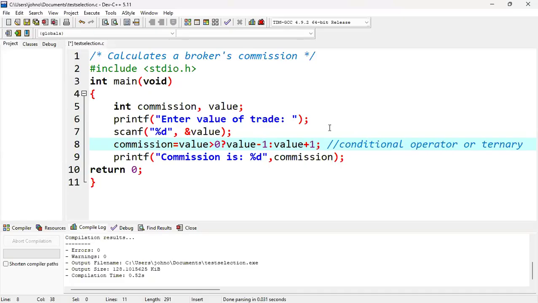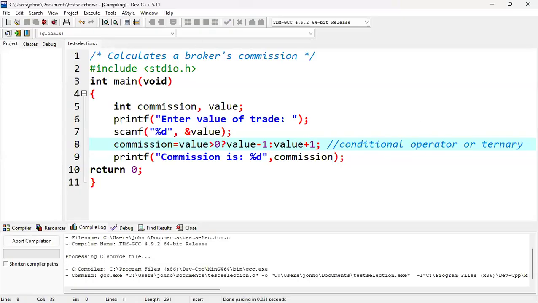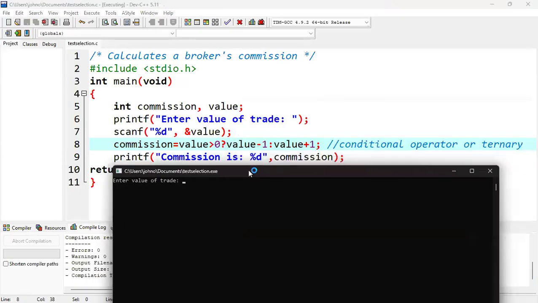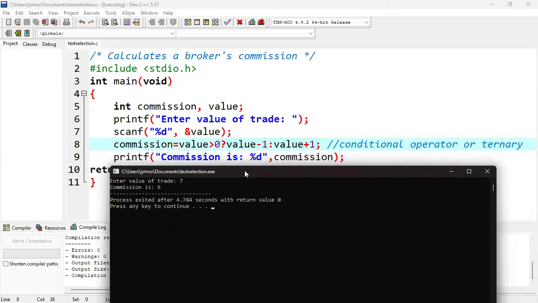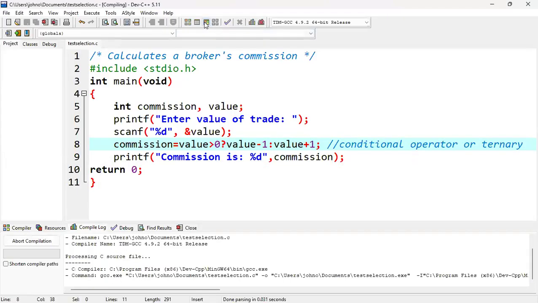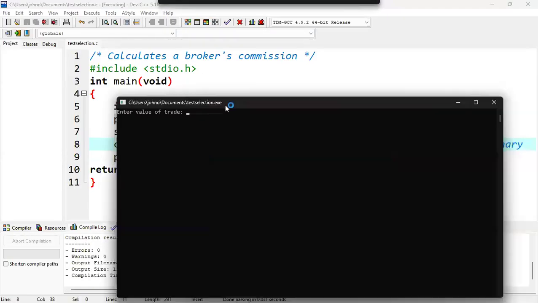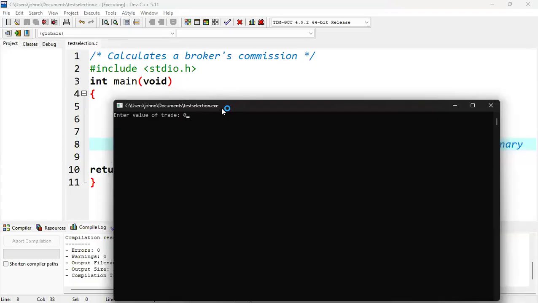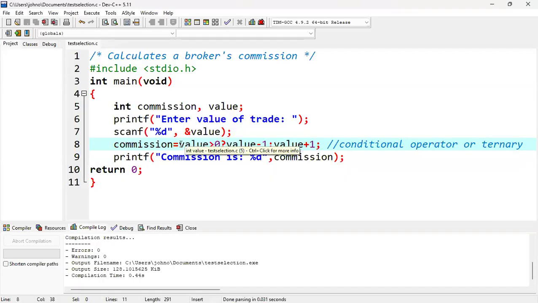So this is the ternary operator. If we put 7, because it's a positive value, we subtract 1 from it. If it is a negative value, we add 1 to it. So let's say it's 0, it adds 1 to it. So this is called the ternary operator or conditional operator.